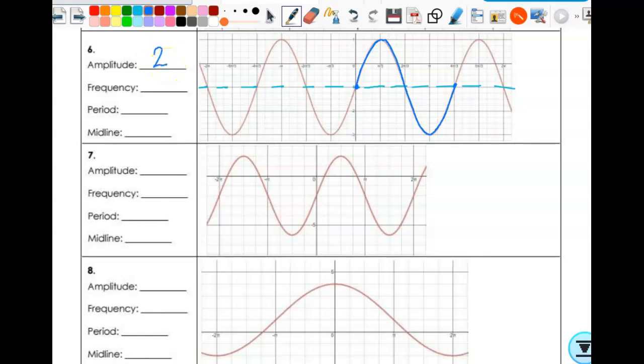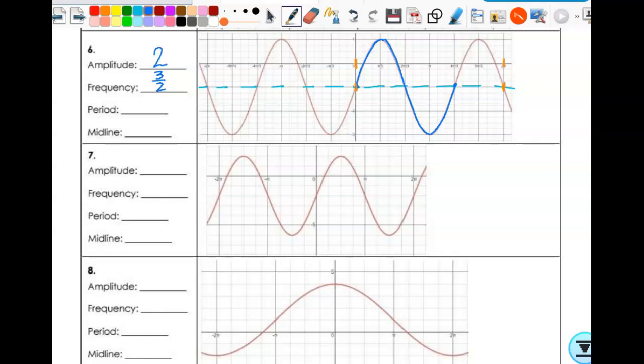My frequency, going from 0 to 2 pi, like right here to right here, that's 1 1/2. So as an improper fraction, what does that look like? 3/2. Would never put 1 1/2 and absolutely never put 1.5.